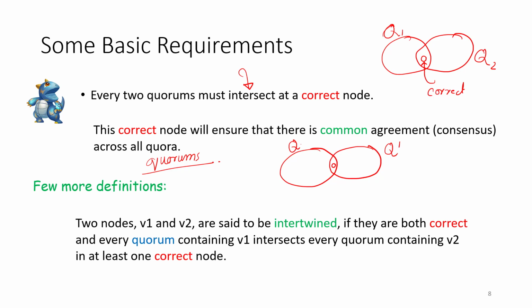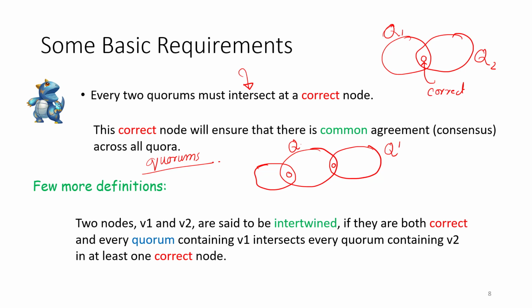You can never rely on faulty nodes, but the correct node is going to stop it, and it's going to say that, look, a quorum has already decided something and you are going in an opposite direction, so don't go that way. And the same holds for all the other quorums. So that is why quorum intersection is important. So in other words, all that you need to do is to convince a quorum to accept a value, then you are done. If the quorum is small, you don't have to broadcast the message to all the nodes. All the nodes will ultimately get it.